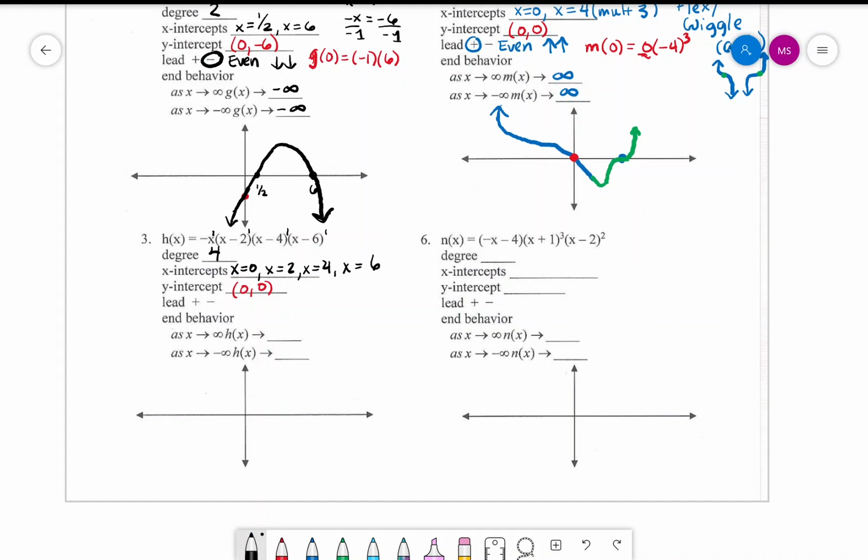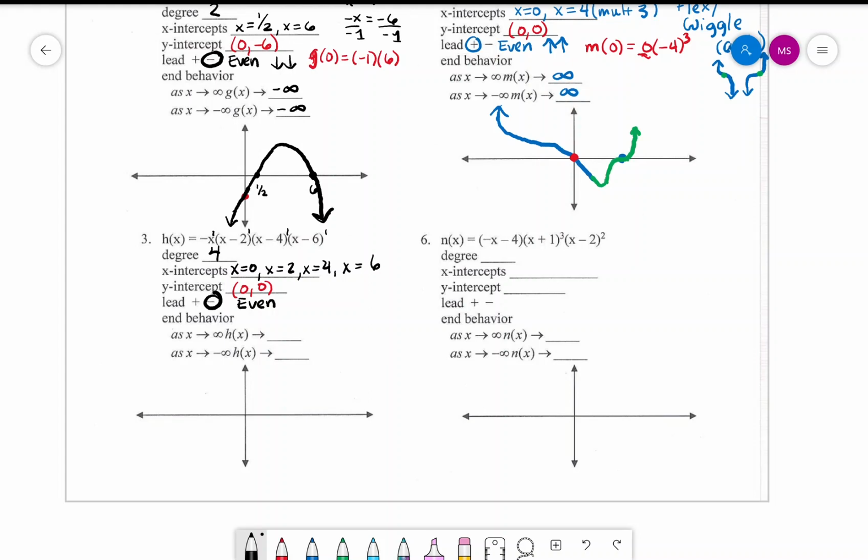Okay. Your leading coefficient. This one's a little bit easier because it is in factored form where all of your x has a coefficient of 1. So really you're just looking at this first sign right here. So that would give you a negative coefficient. Your degree is 4, so this is an even polynomial. Because it is even, it ends in the same direction.